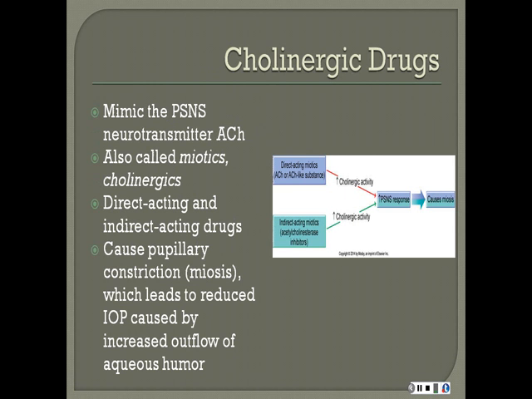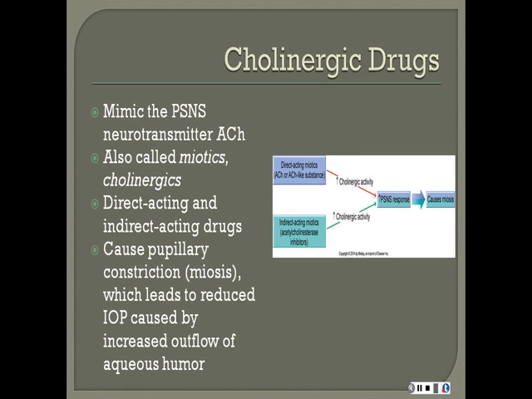So the cholinergic drugs mimic the parasympathetic nervous system neurotransmitter acetylcholine. These are also called miotics, or cholinergics. They could be direct acting or indirect acting, and there's a little picture here, to the right on the slide, that will show you how those different drugs work.